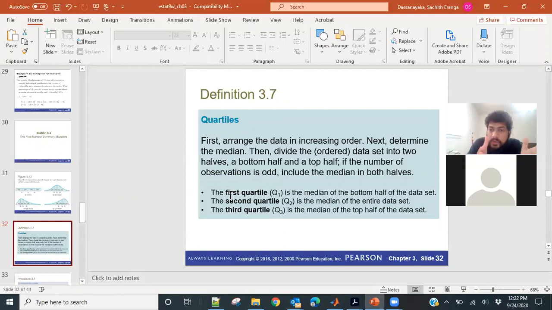The first 50% we call the bottom half. That bottom half is again divided into two pieces by the first quartile. The second 50% we call the top half, and the third quartile divides that top half into two pieces. So that's how they are defined.